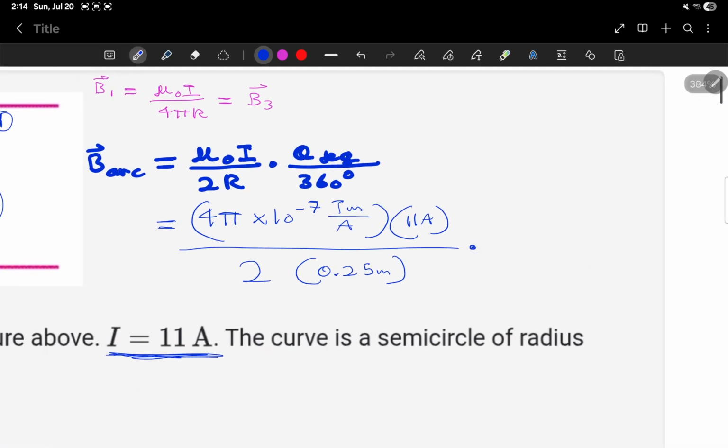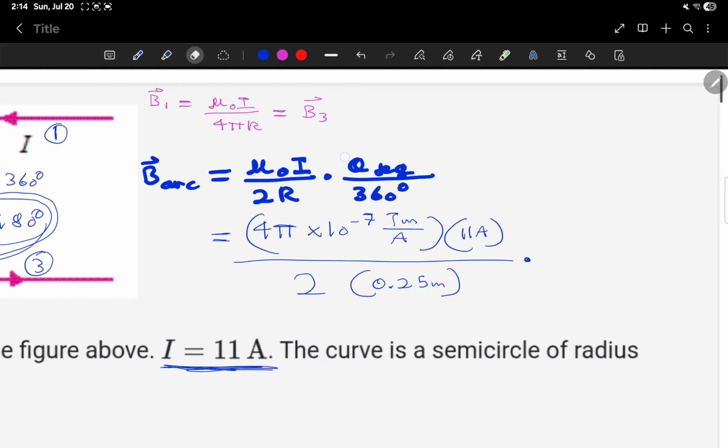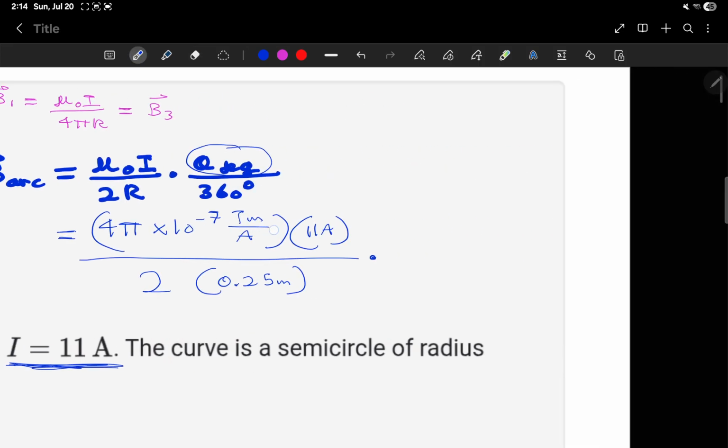Now to deal with the second part of this equation, this angle in degrees that our semicircle forms, this angle here that I've just circled, is the maximum angle a semicircle can form, which is 180 degrees. That's 180 degrees over 360. 360 degrees is the maximum angle a circle can form.